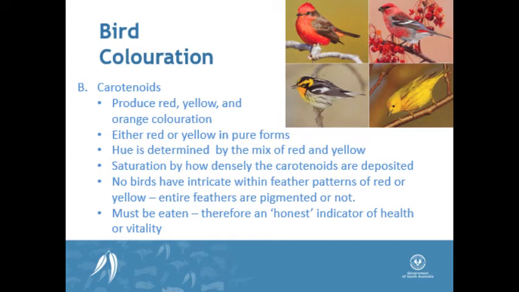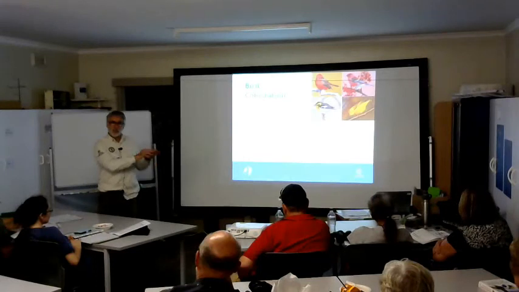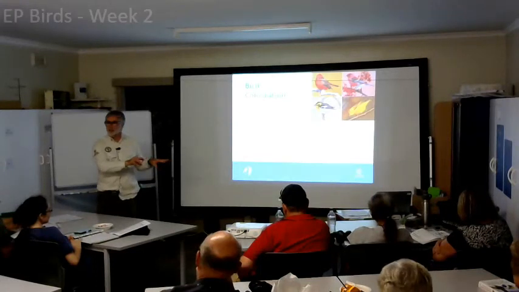A bird has to actually eat all of the red it wants to put into its feathers. It eats it, goes into the digestive tract, gets absorbed into the blood, and then taken to the cells and laid down in the feathers. But they can't decide to add a little bit extra unless they eat it.